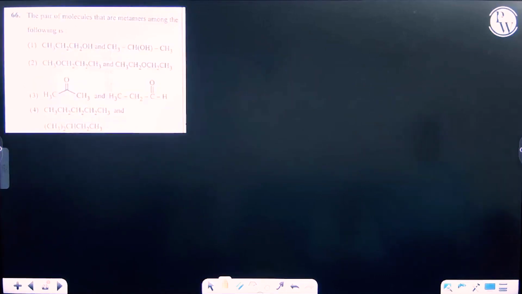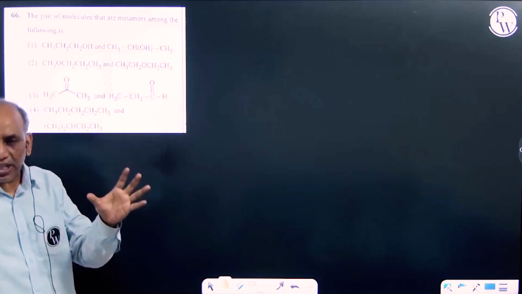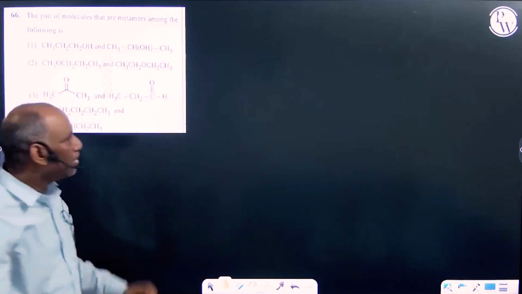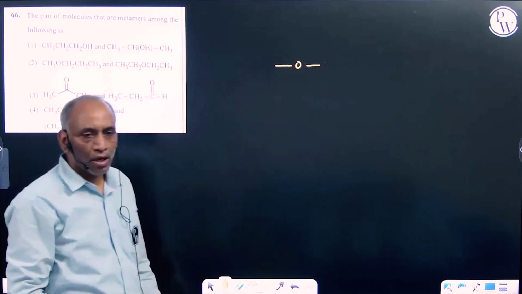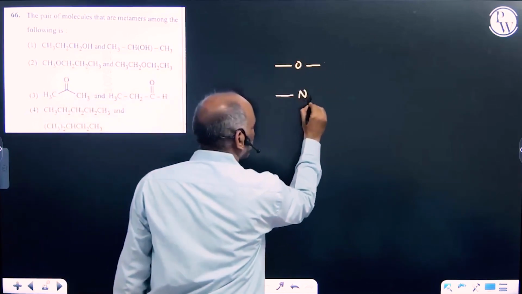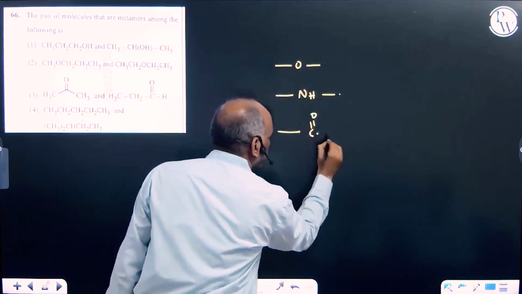The pair of molecules that are metamers. Metamers means the compounds which differ in the nature of alkyl groups connected to a divalent group like ether, or a divalent group like a secondary amine, or like esters.